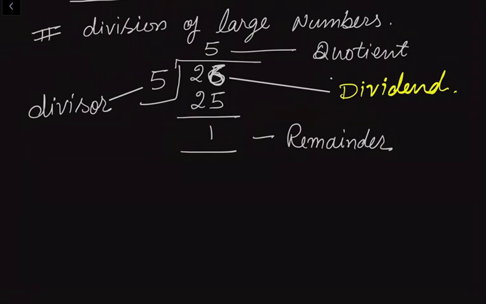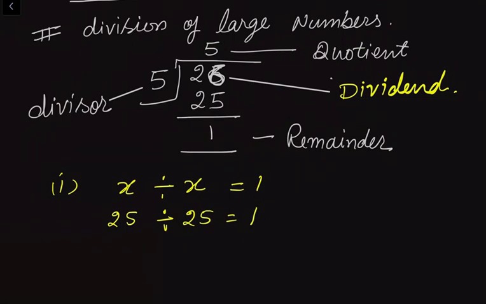Let us do some basic rules. First, x divided by x is equal to 1, just like as if we divide 25 by 25, we will get one answer. Second, if we divide 0 by any number x, we will get 0.